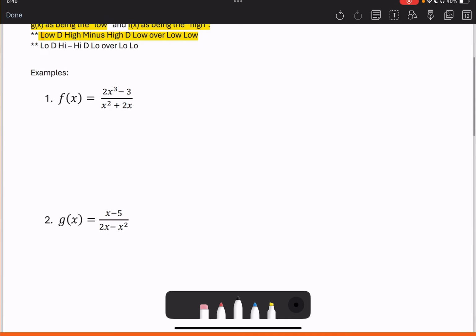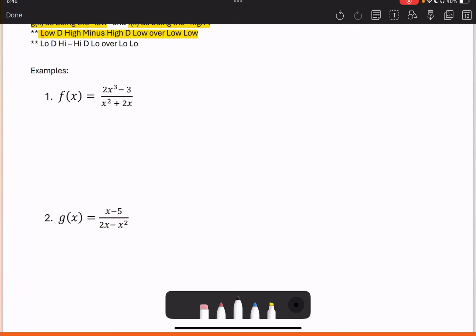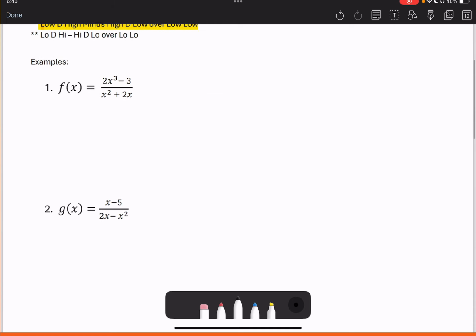So here is our quotient. Okay, now there's really no simplifying we can do here on this function. And so we're pretty much stuck with dealing with this quotient, all right?